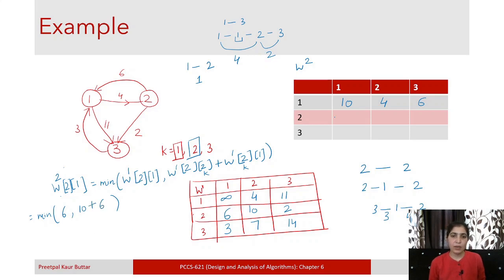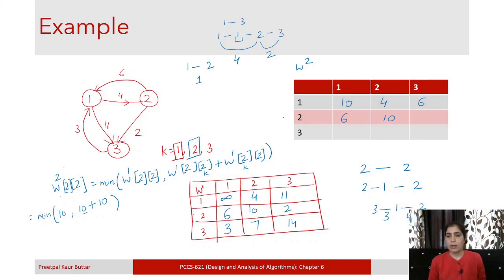So we have already got the minimum. We will not change it. Then 2 comma 2, J is 2. Okay, so 2 comma 2 is 10. Everywhere it is 2. We have already got the minimum. Again, we will not consider vertex 2 here.